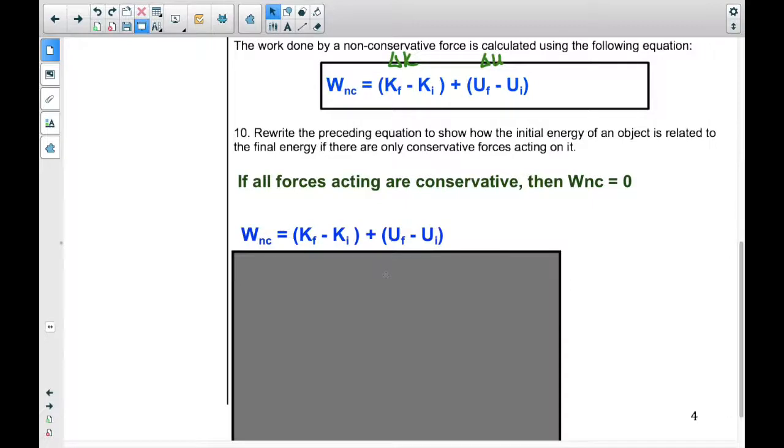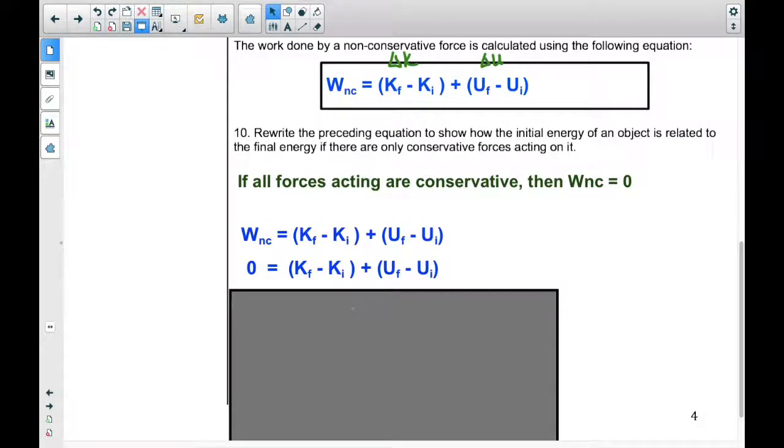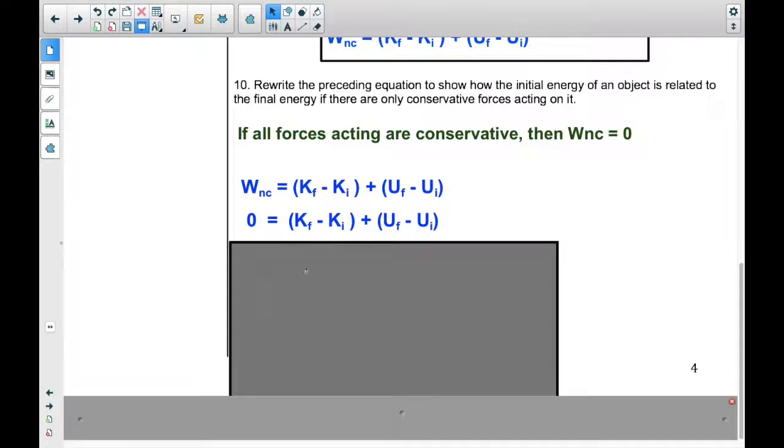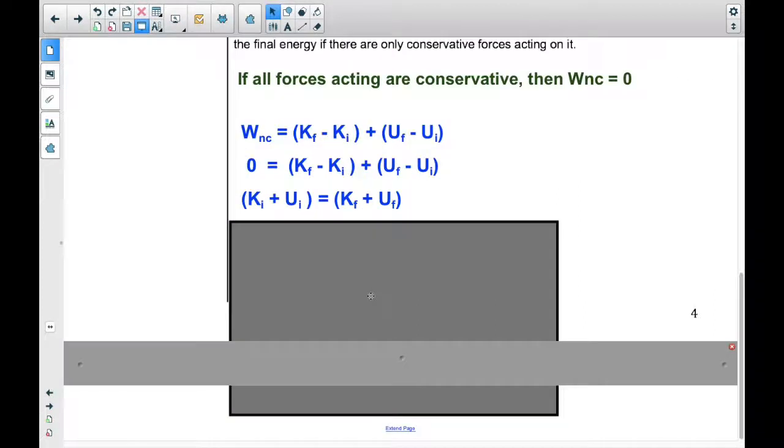So we're going to start with the original equation we had, and we're going to set it equal to 0 now, because we're saying, let's say that there are no non-conservative forces. Everything's conservative. Okay, so we set it equal to 0. Now let's rearrange it so that we have all of our initial information on one side, and we have all of our final information on the other side.